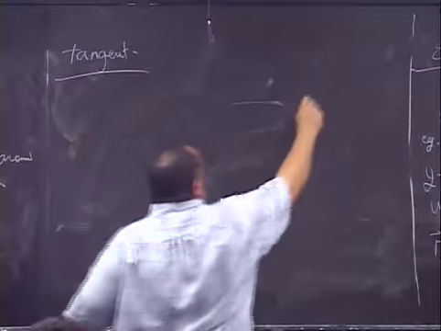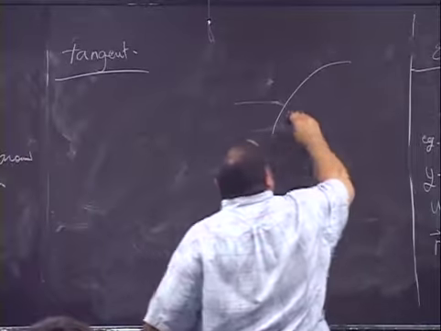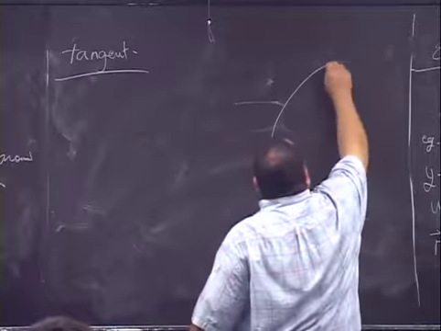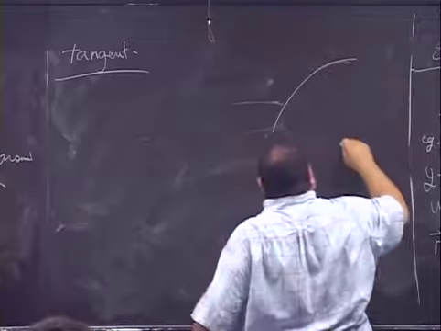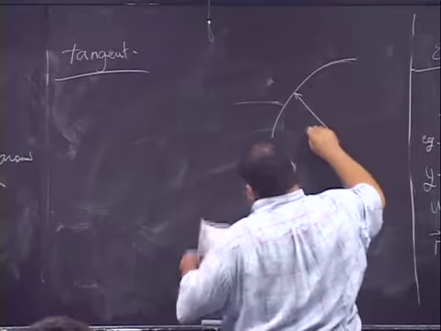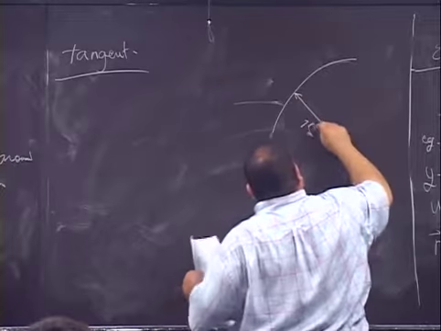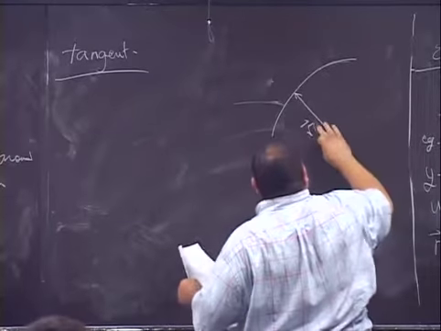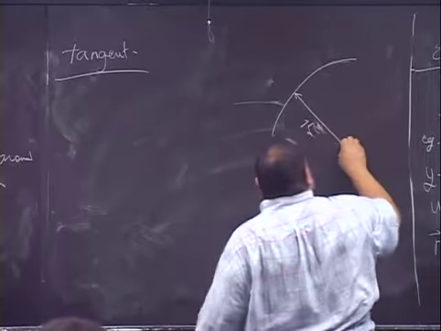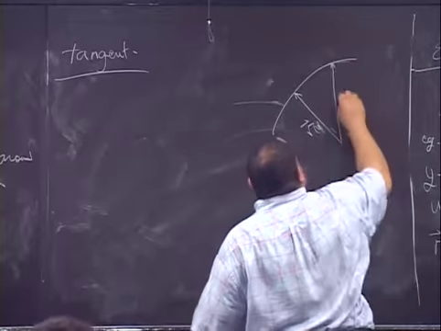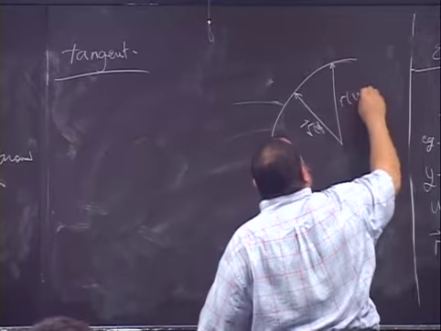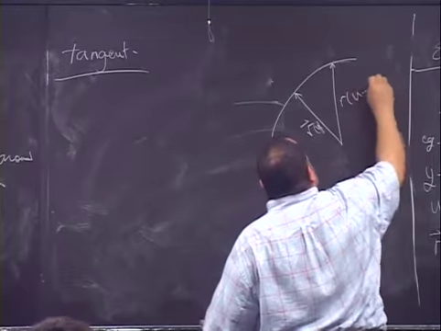If you have an arc like this, and then you have r at u, and this is vector r at u plus delta u.